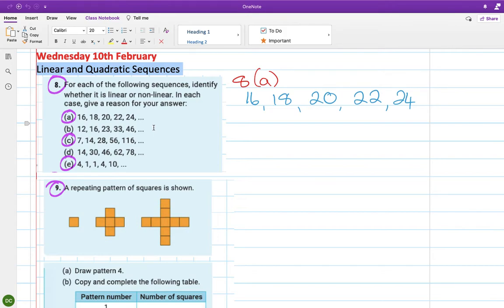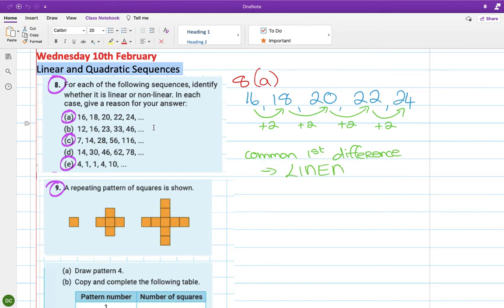To go from 16 to 18, that's plus 2. 18 to 20 plus 2. 20 to 22 is plus 2. And 22 to 24 is plus 2. So that is a common first difference, which means this pattern is linear.